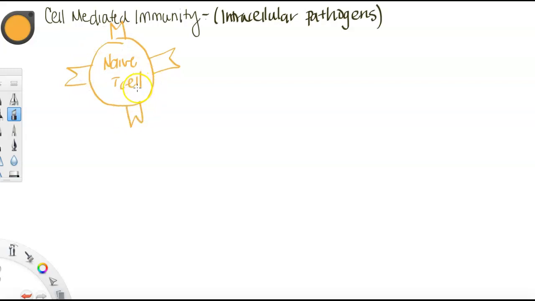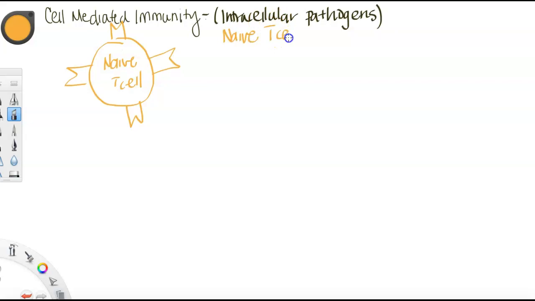Okay. So the naive T cell, as I said, the T cells look for intracellular pathogens, so they don't see their antigen floating around. They don't respond to the antigen on their own. Okay? Naive T cells must be presented its antigen.